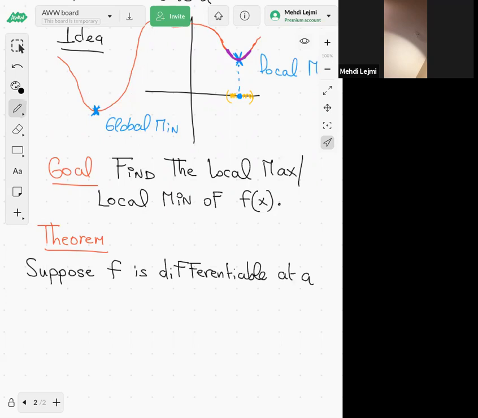So when I say f differentiable at a, it means f prime of a exists.